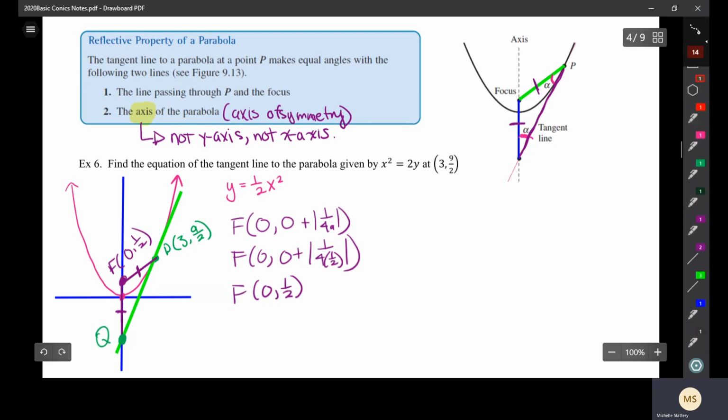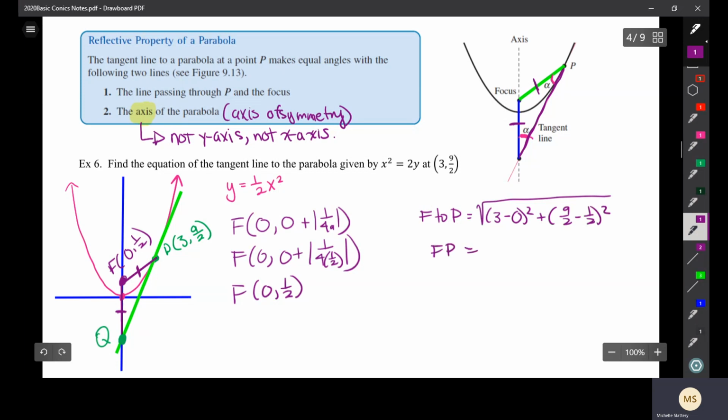So FP here, from F to P, we can use our distance formula. Okay, so we have the square root of 3 minus 0 quantity squared plus 9 halves minus 1/2 quantity squared, and we calculate that.